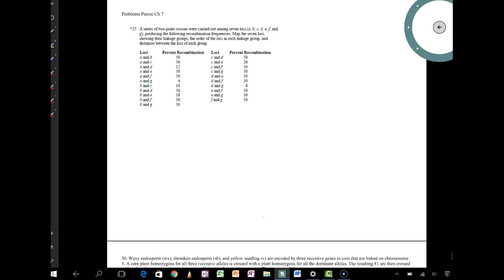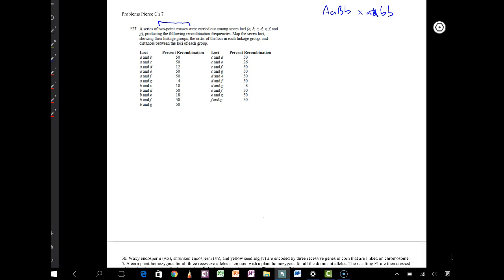The key is that we need to remember that all of these are test crosses. So these are all 2-point test crosses. And a 2-point test cross is always a double heterozygote crossed to a double homozygote. If we get 50% recombinant, the genes are unlinked.